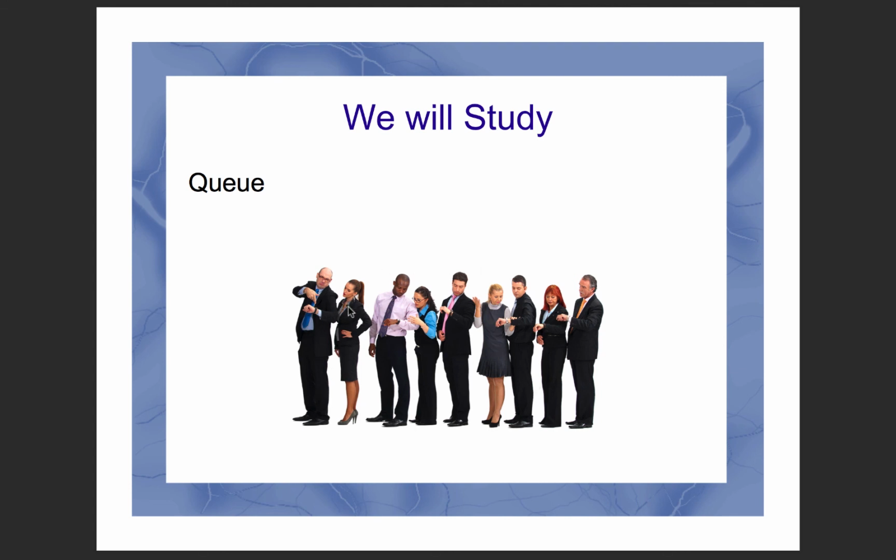That's why it's called first in first out, FIFO. This is another data structure we'll learn about in detail in this course. What is a queue? This is the general concept of how to relate the computer science concept to real life.